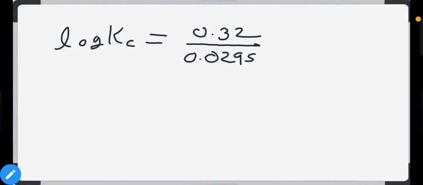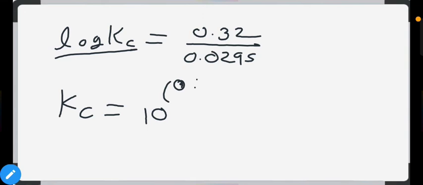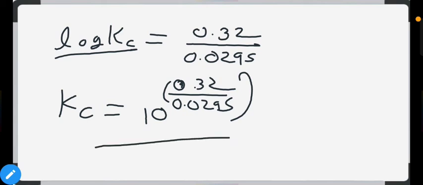So this is the log value of Kc, and Kc is equal to 10 raised to the power of 0.32 divided by 0.0295. Okay, so using the Nernst equation, this will be the value of Kc. Now you can check the options mentioned in the question and find your answer.